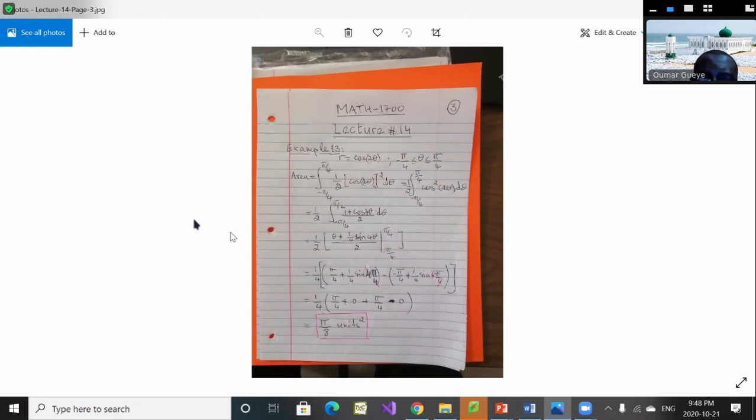I just took the 2 out here. So be careful when you have a denominator, you cannot say you're going to integrate. It's going to be just 1/2. So I just want to show you here.